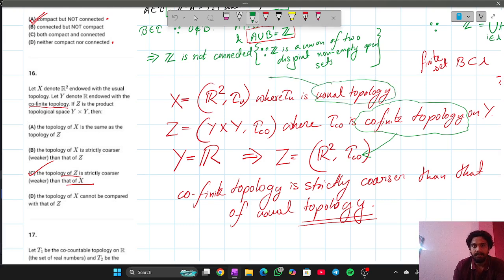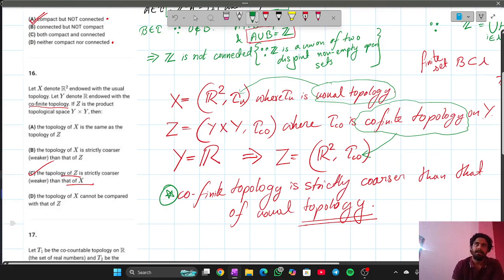Since this happens, we can say that the cofinite topology is strictly coarser than that of the usual topology. Hence option C is the correct answer.